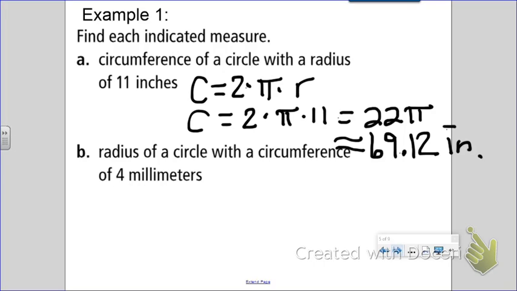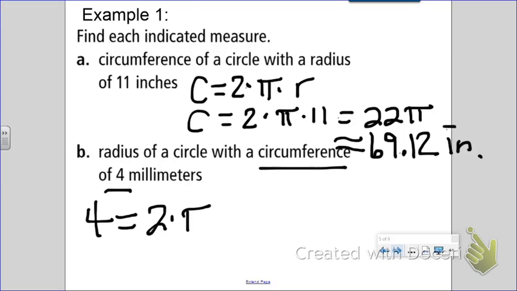Find the radius of a circle with circumference of 4 millimeters. The circumference is equal to 4. We're going to take 4 and set it equal to 2 times pi times the radius. To get r, we're going to divide by 2 times pi.